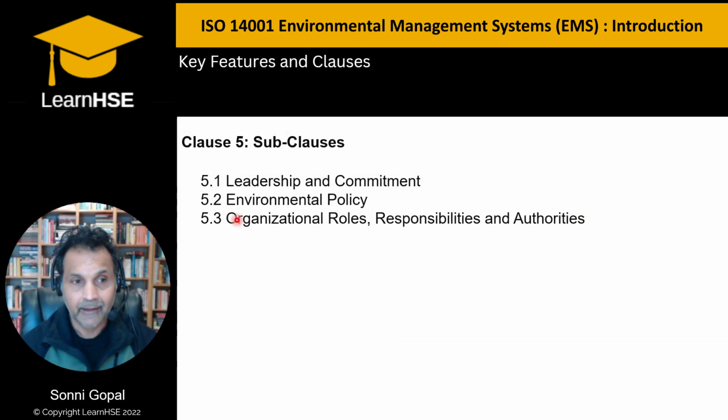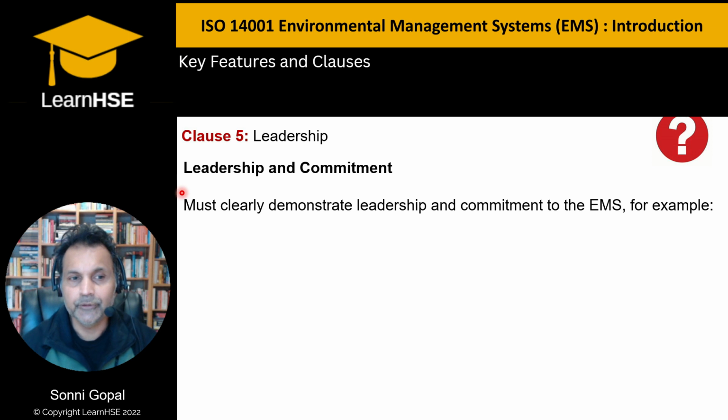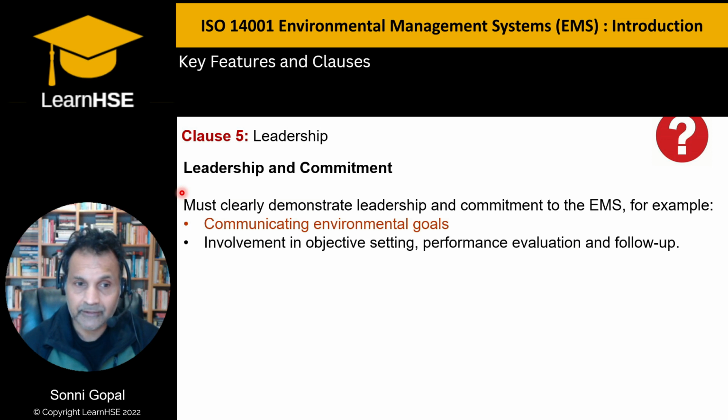Clause 5 has 3 subclauses: 5.1, 5.2, 5.3. 5.1 is all about leadership and commitment, going through to the policy and looking at organizational roles, responsibilities, and authorities. In leadership and commitment, we must clearly demonstrate leadership and commitment to the EMS. Examples include communicating environmental goals or involvement in objective setting, performance evaluation, and follow-up.